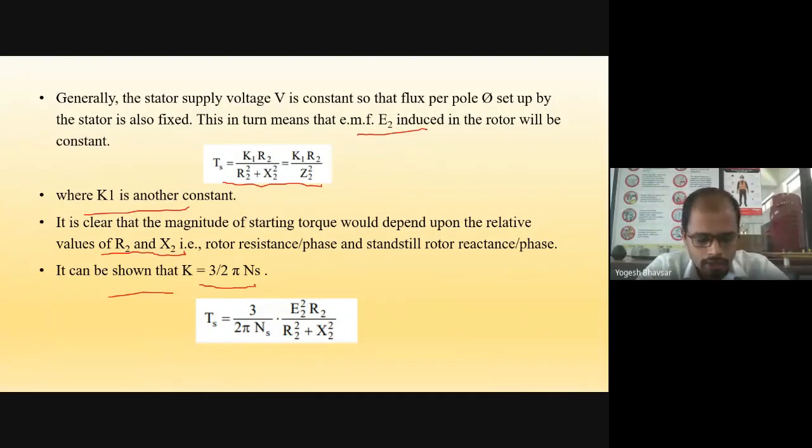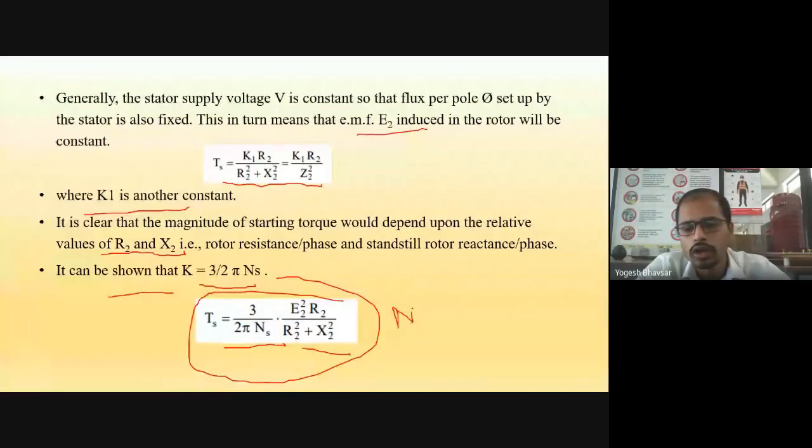And it can be shown that the value of the constant is 3 by 2 pi Ns. We can put it here, 3 by 2 pi Ns multiplied by the remaining term E2 square R2 divided by R2 square plus X2 square. So this is the final expression for the starting torque measured in Newton meter.